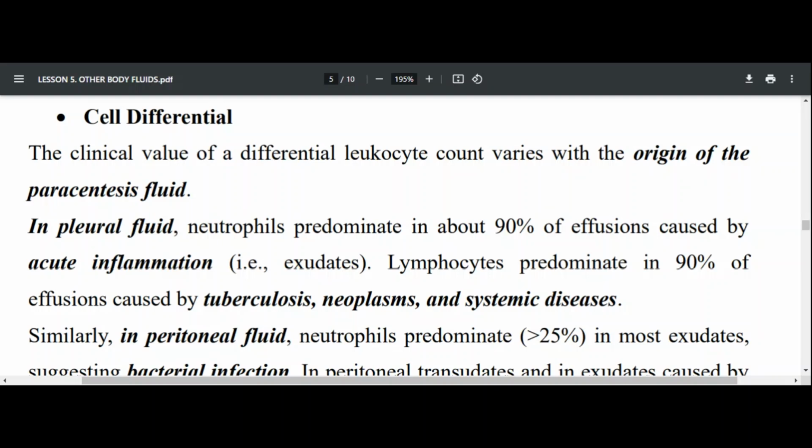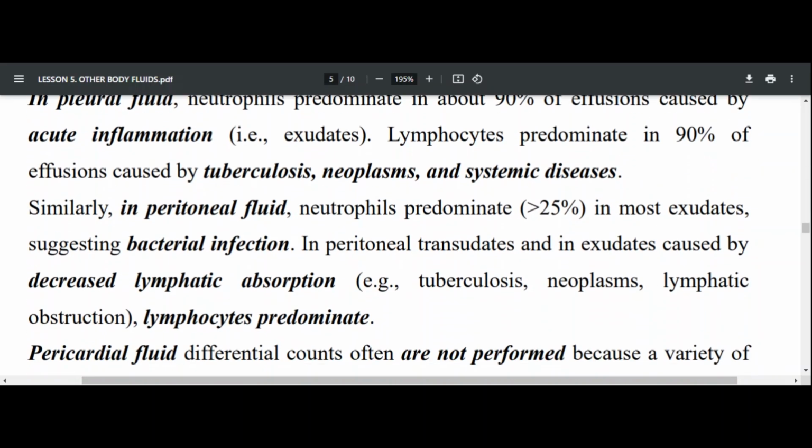Maybe the problem could be neoplasm, tuberculosis, or systemic disorder. Similarly, in peritoneal fluids, when neutrophils predominate at 20% and above, that can be an exudate from bacterial infection of the peritoneal cavity.